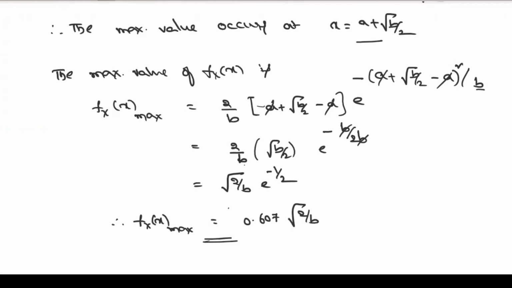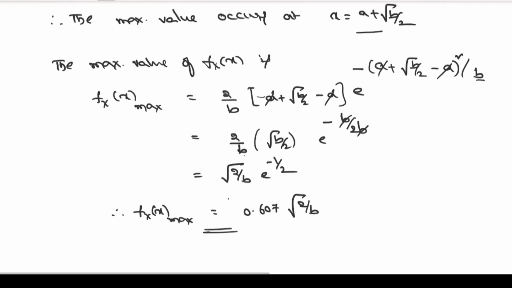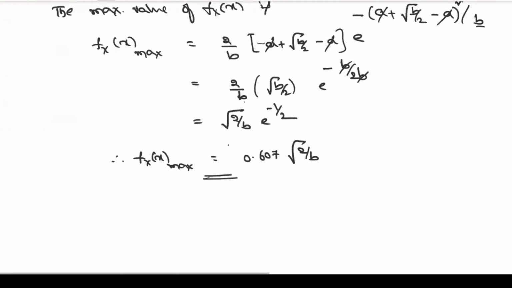When you take the applications of the Rayleigh probability density function, generally it describes the envelope of white noise, and this describes only when the noise is passing through a band pass filter.